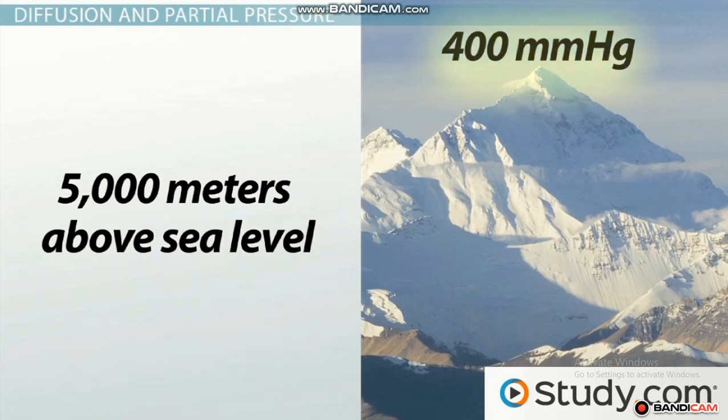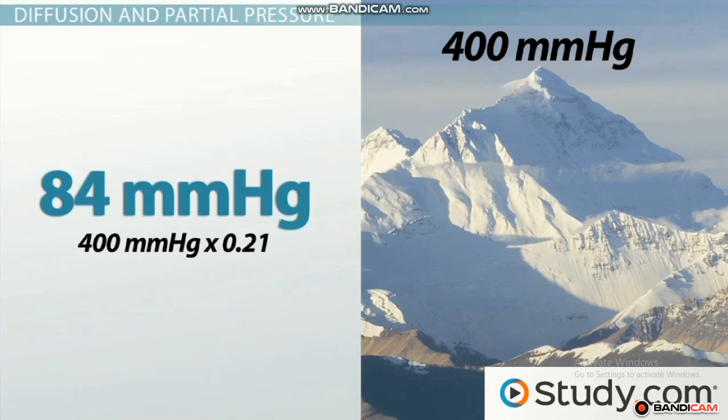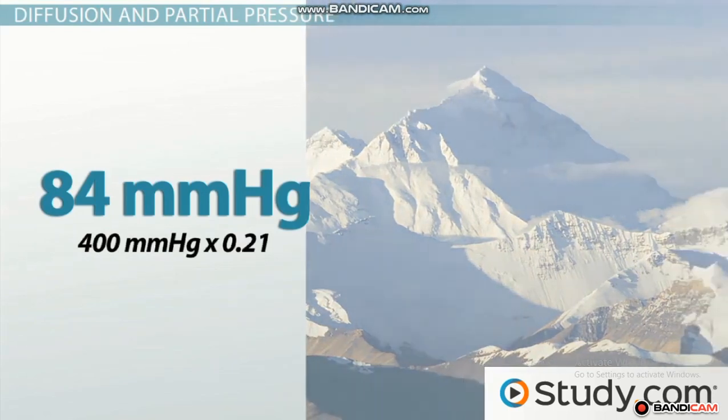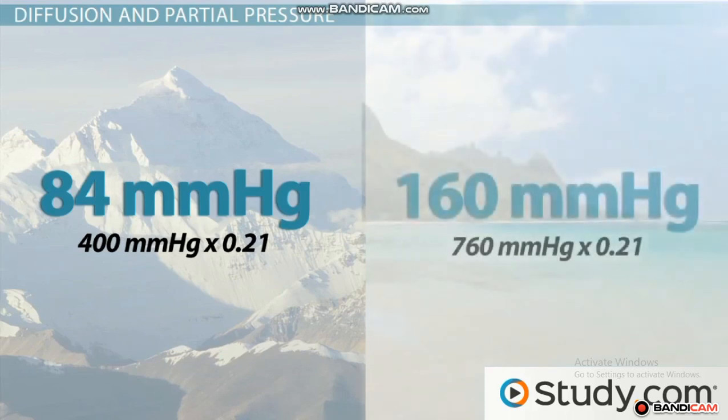As the concentration of oxygen is still 21%, the partial pressure of oxygen is only 84 millimeters of mercury, or 400 millimeters of mercury times, again, 0.21. So you see at base camp, only 84 millimeters of mercury pressure pushes the oxygen into our blood, compared with 160 millimeters of mercury at sea level.